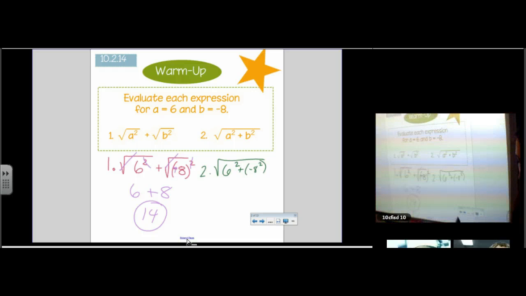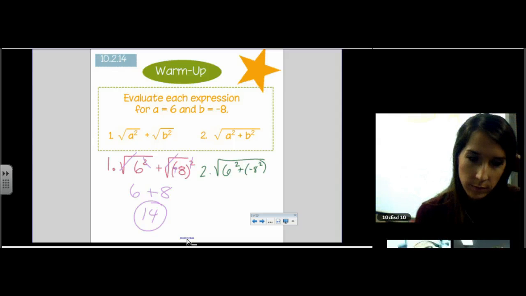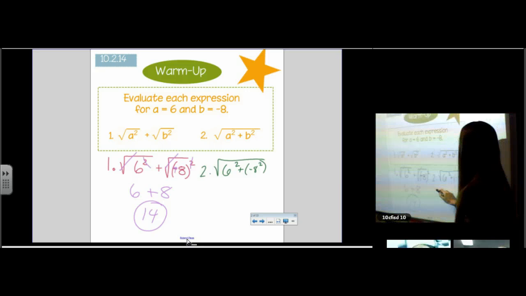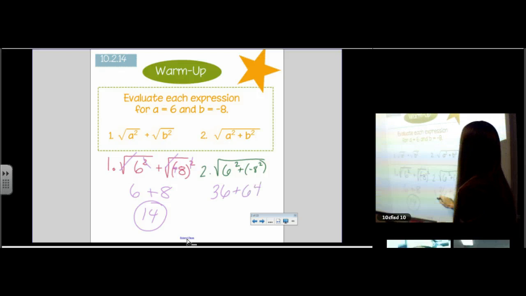All right, number 2. Graham, what'd you get for number 2? Very good, because 6 squared is 36 and 8 squared is 64, so that's like saying the square root of 100, which is 10.